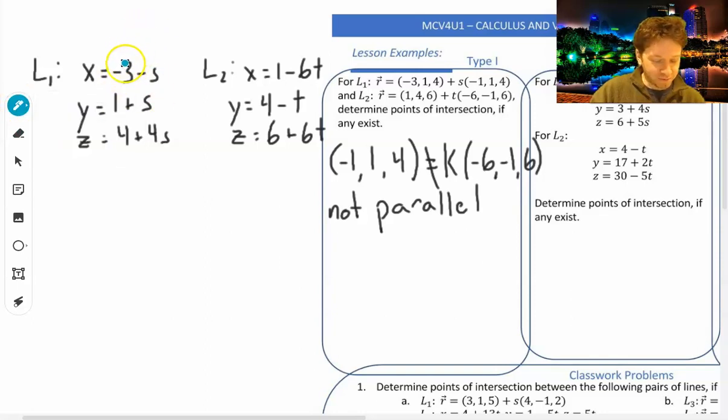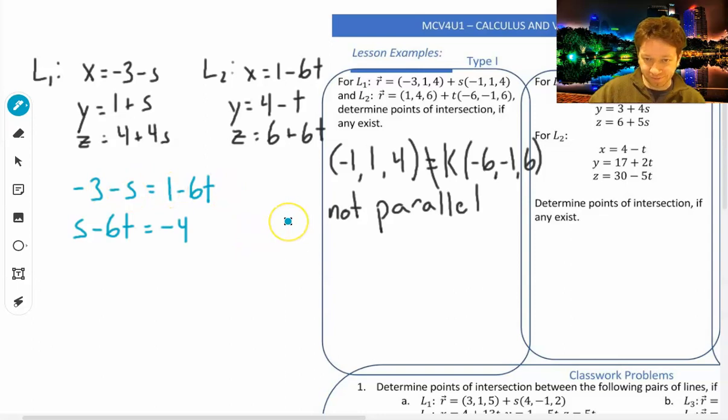Here we have -3 minus s equals 1 minus 6t. I can rearrange that a bit and write it as s minus 6t equals -4, just by collecting like terms, because we have a -3 and a 1 here.